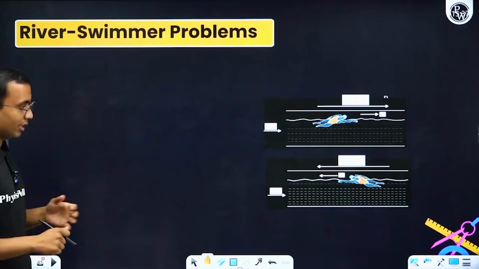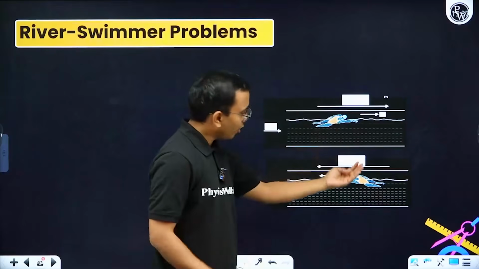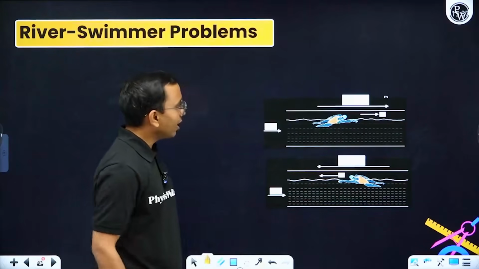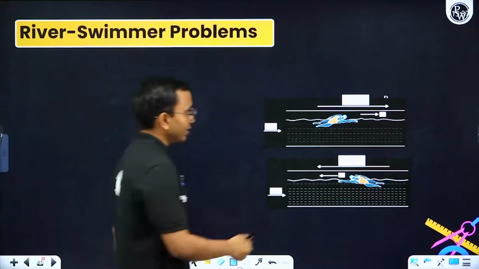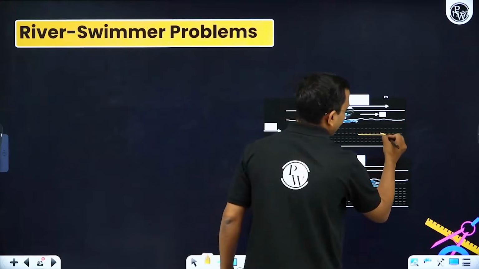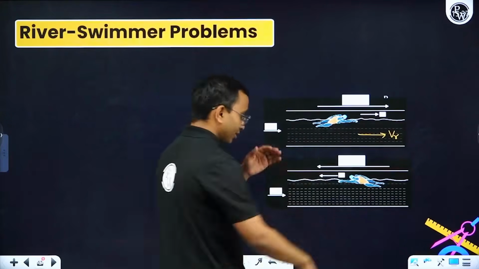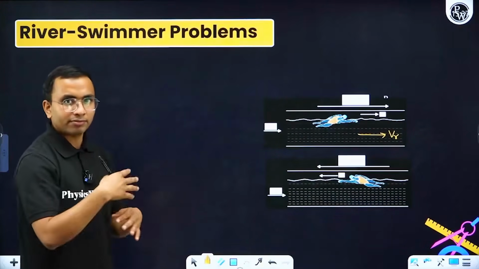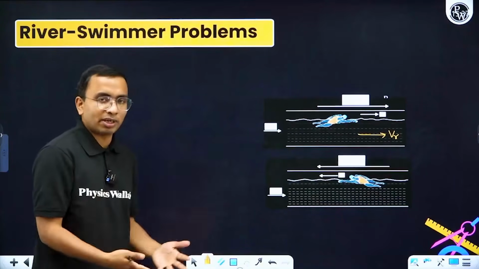So let us take a person swimming in the direction of the river or in the opposite direction of the river. Then how do you need to consider the velocities? Let us take the river flowing towards the right with velocity v river, and this person is swimming with his swimming speed with respect to the water.